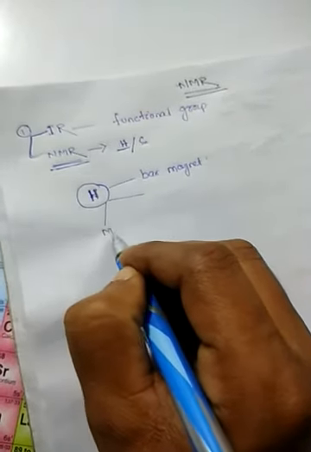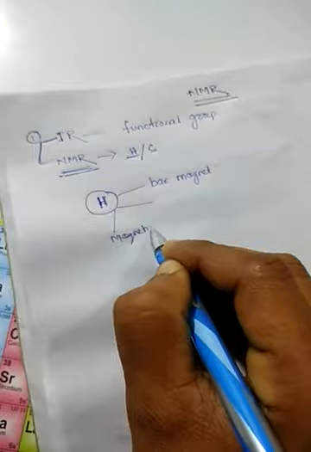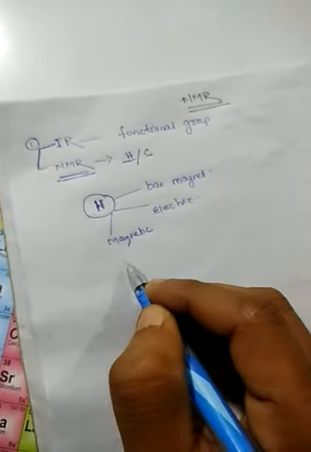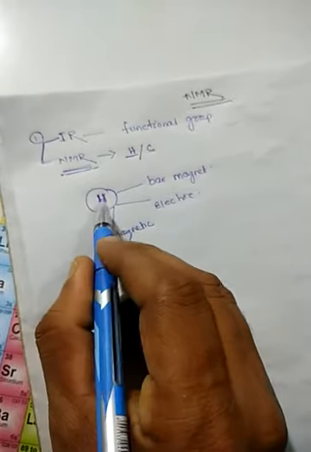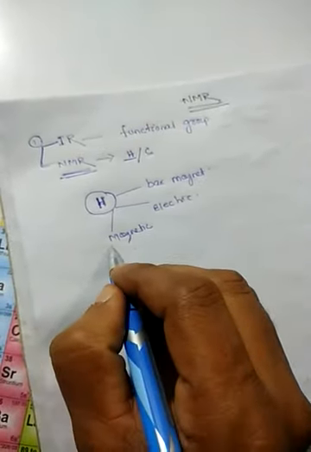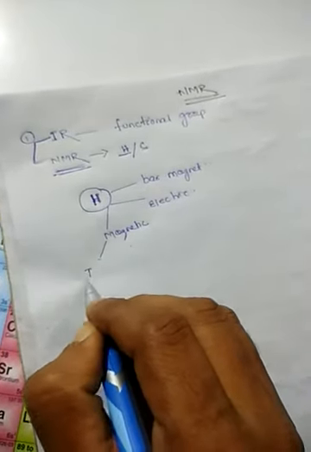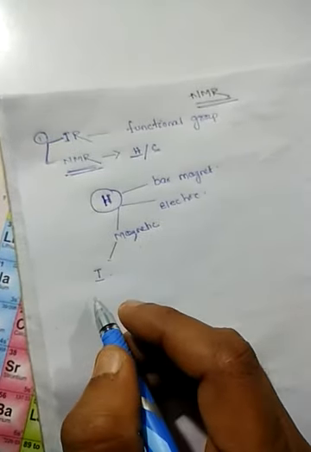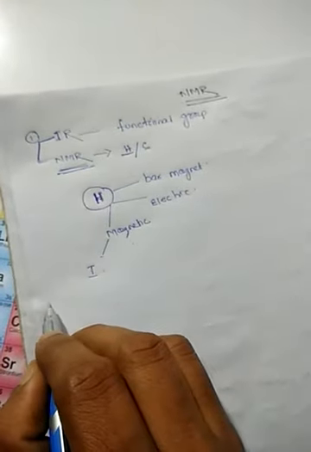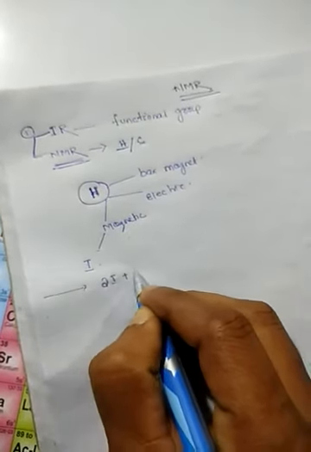We have to consider the magnetic field. The nucleus of the hydrogen atom will generate a magnetic field as it is associated with the nuclear spin quantum number I. The number of spin states associated with the nucleus is given by 2I plus 1.